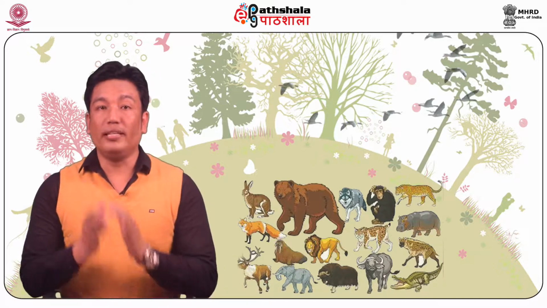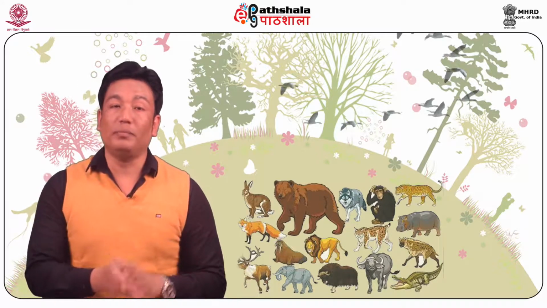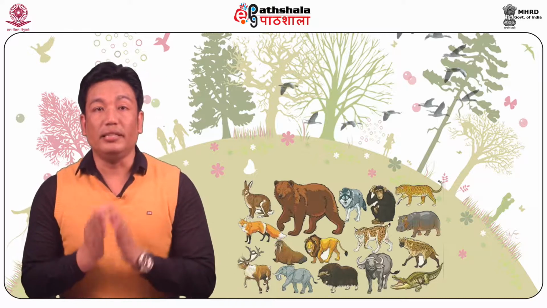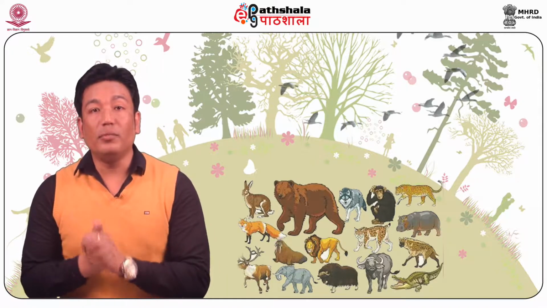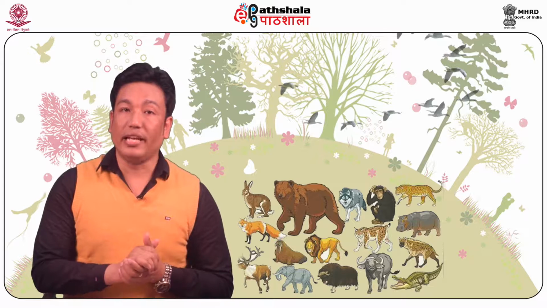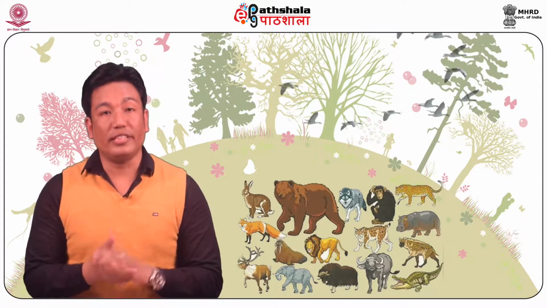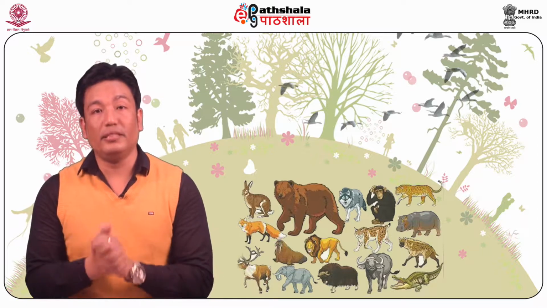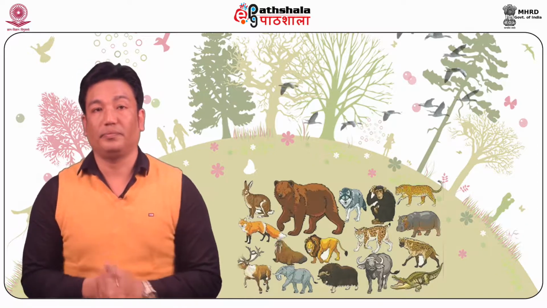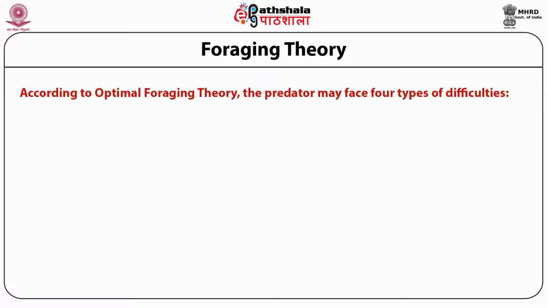Furthermore, while the predator searches for the prey, the predator depletes the number of prey within the patches gradually. With time, the benefit of staying in that patch declines. According to optimal foraging theory, the predator may face four types of difficulties.